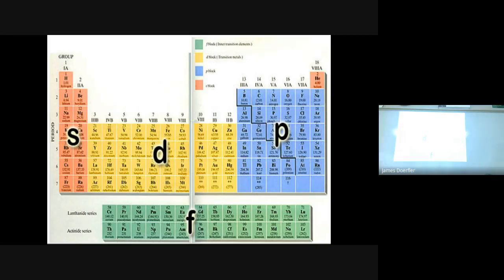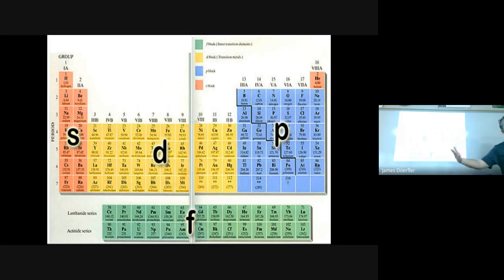But there's also somebody who is a part of the S block that is not over here, and that is our good pal helium. So make sure you get helium the same color as the S block.